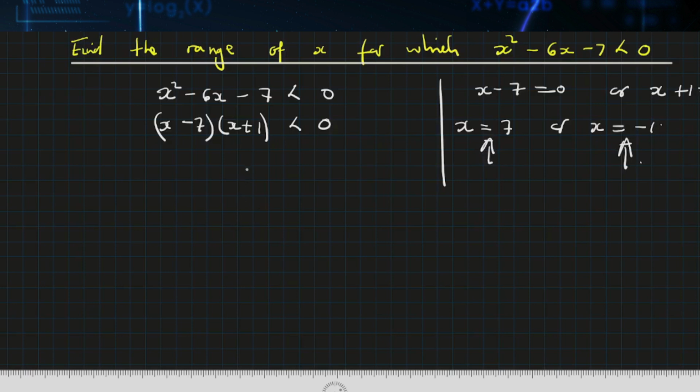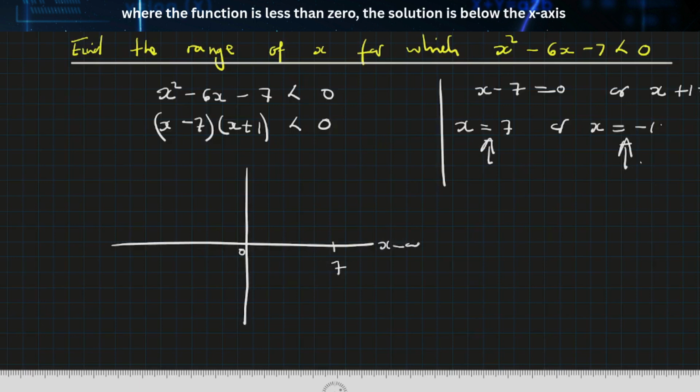So we're going to sketch our graph again, where x = 7 is this side, where 0 is here on our x-axis, and negative 1 is somewhere here on the other side. So our graph is going to look like this. This graph is not drawn to scale. It's just a sketch, right?